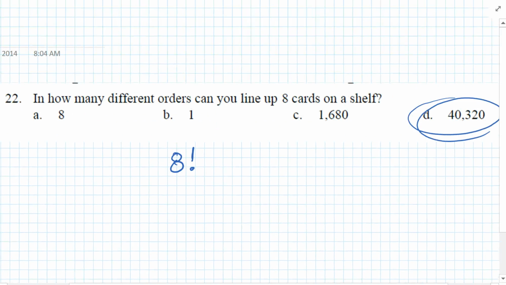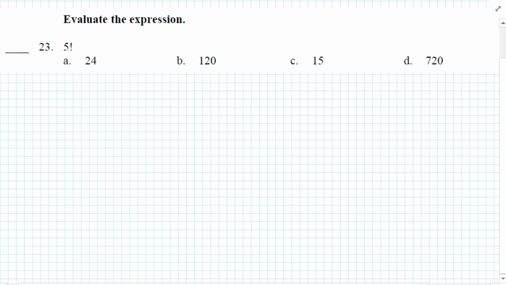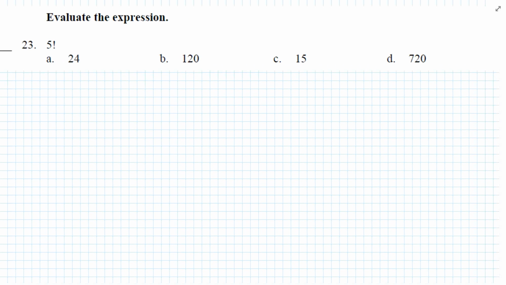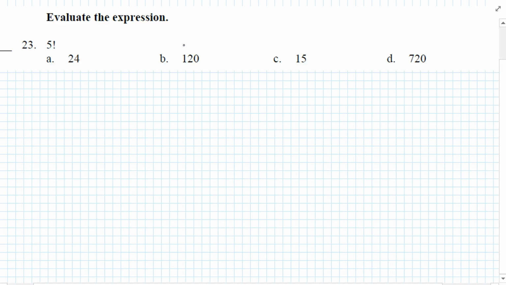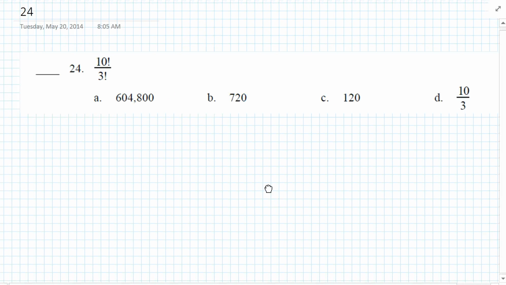Okay, easy enough. I know this was a long one. We got a lot in here. 23. Evaluate the expression. Okay, that was easy enough. Go 5 and use our exclamation point again if you need to. Enter. It's 120. Answer is B. These are give me's.